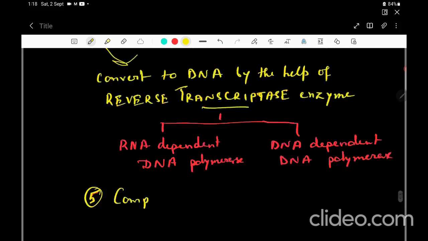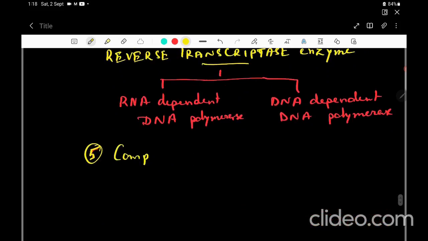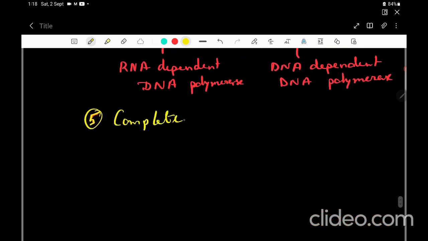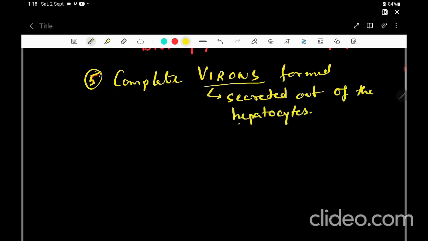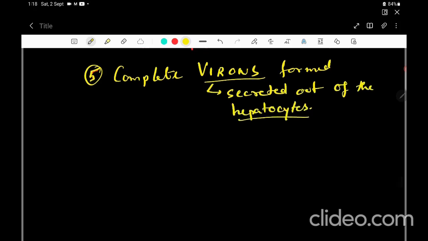After all of this process, complete virions are formed, and these are secreted out of the hepatocytes.